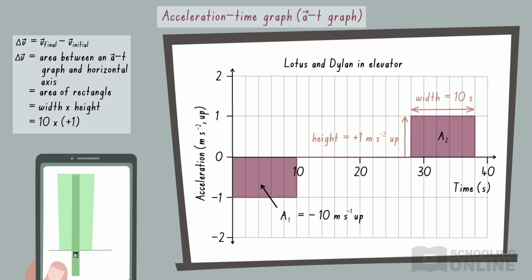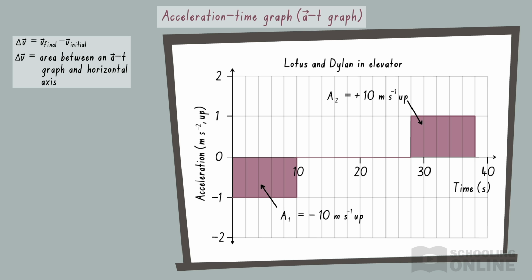Therefore, it represents an area of 10 metres per second up. This positive value means that the lift's velocity increases by 10 metres per second in the positive direction. Resultingly, the elevator's final velocity is 0 metres per second. This makes sense because the lift stops when it arrives at level B12.